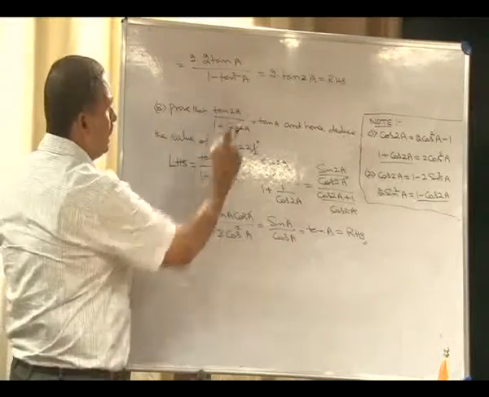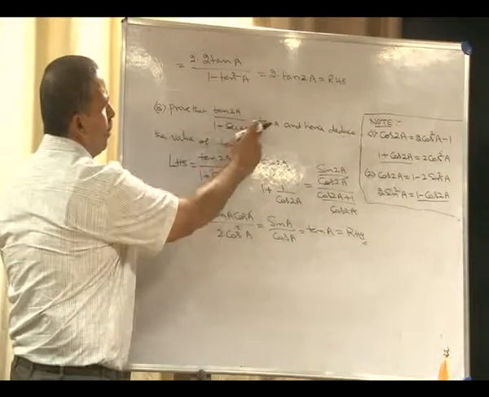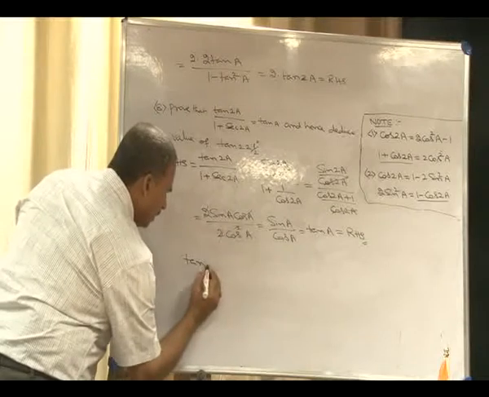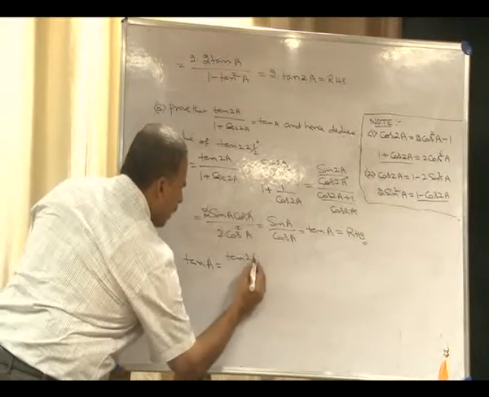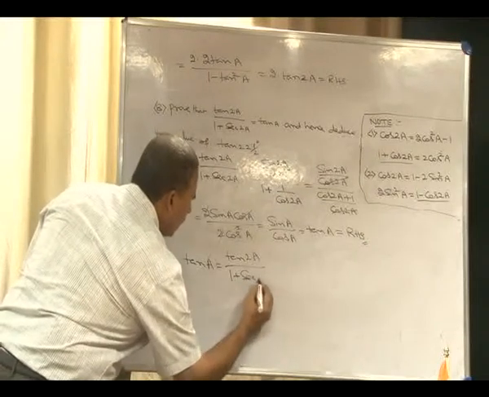Now by using this, tan 2A by 1 plus secant 2A is tan A, that is proved.